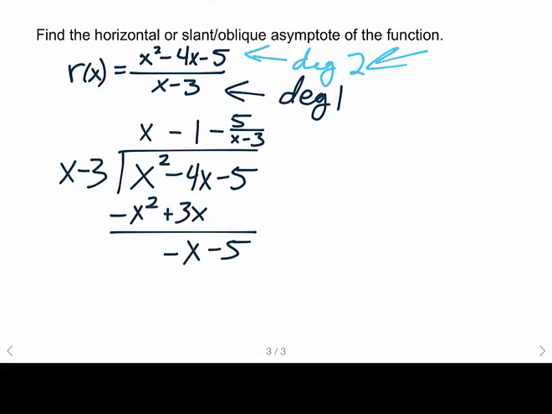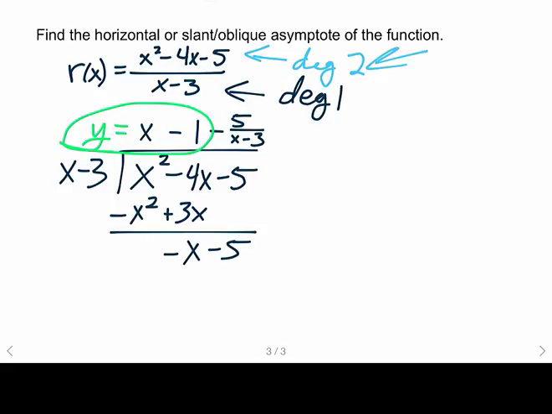Okay, so after performing the steps of long division, I have an answer of x minus 1 minus 5 over x minus 3. Quotient plus remainder over divisor. I said it was y equals the quotient. The quotient is x minus 1. So we have an asymptote of y equals x minus 1, which is a line with a y-intercept of 0, negative 1.